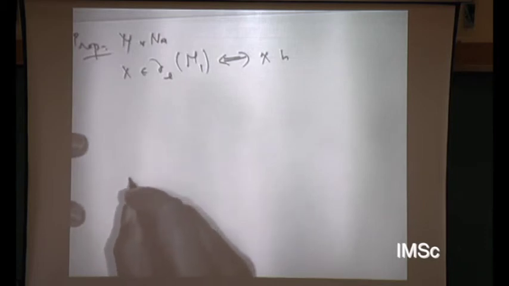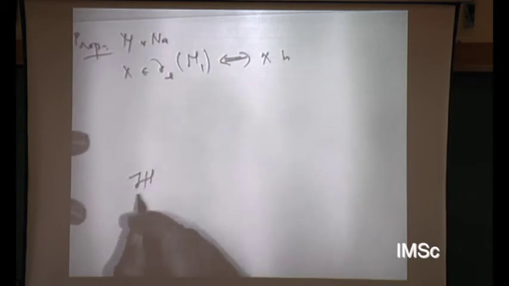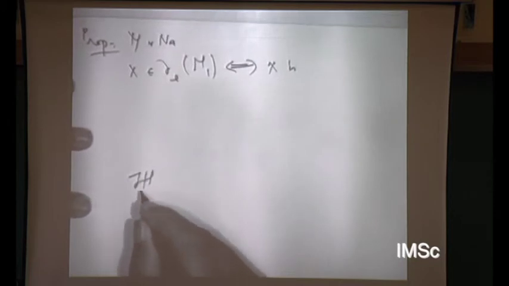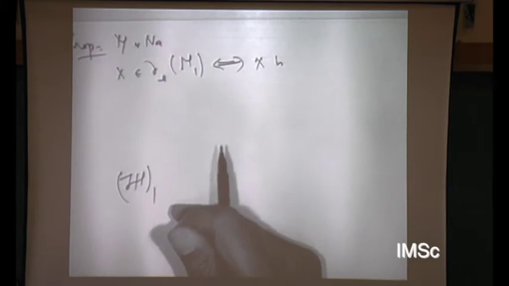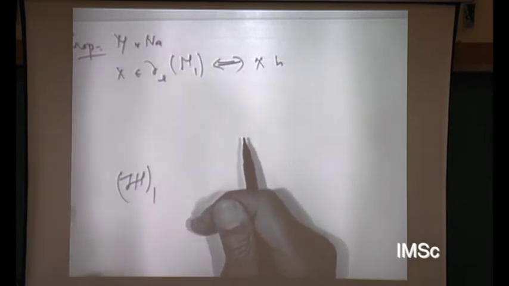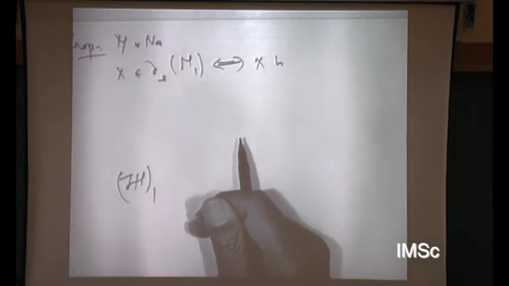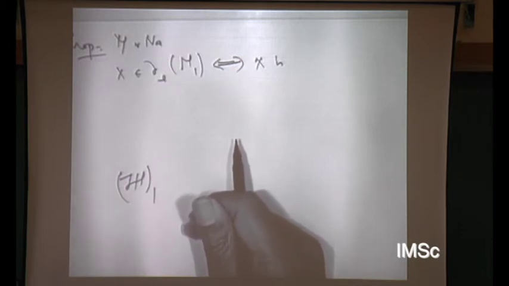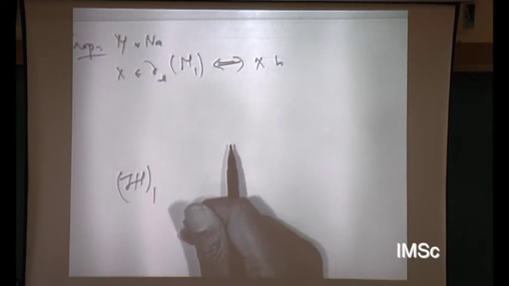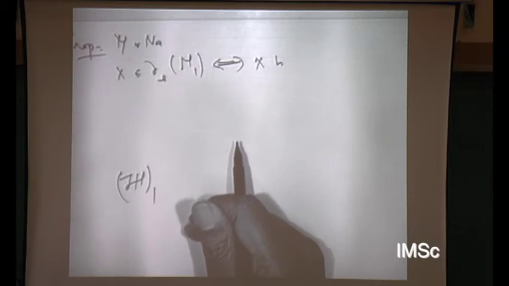You look at the Hilbert space and you take its unit ball. The Hilbert space, you know, is reflexive. That means it is weakly compact. So the unit ball is going to be weakly compact.